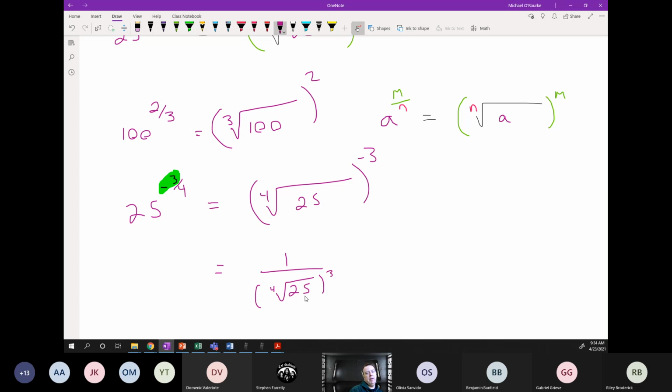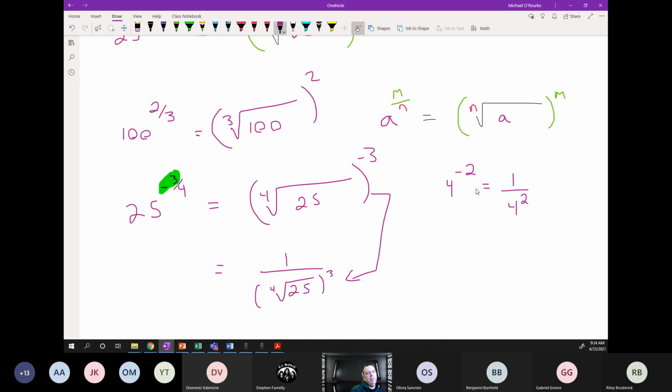Does that make sense to everybody? Explain more thoroughly, this last step? Well, if we remember from yesterday, if we had a negative exponent, the way we made it positive was we took it to the bottom, right?